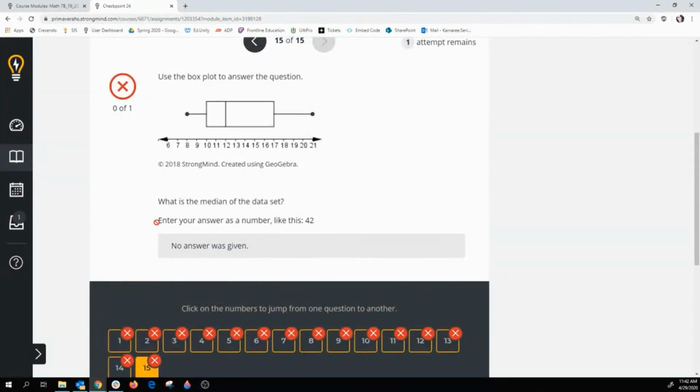We want to know what's the median of the data set. So looking at this box plot, what would be our median here? So based off the box plot, what would be our median?